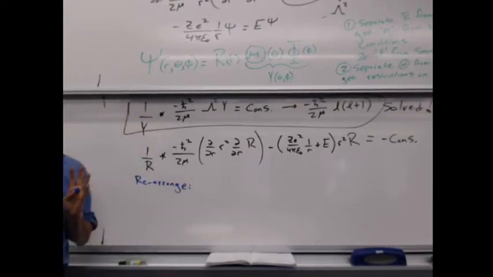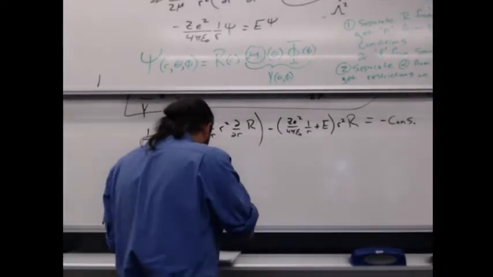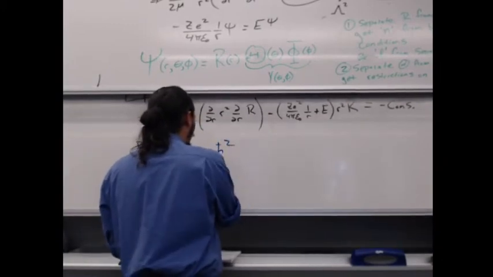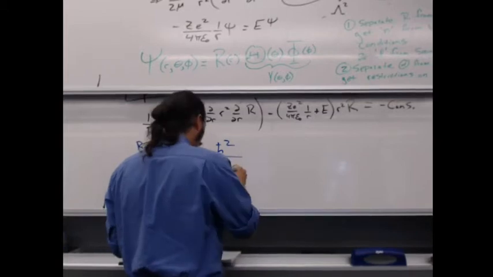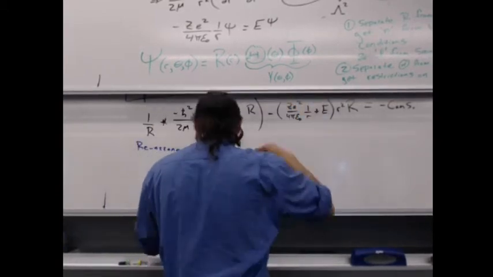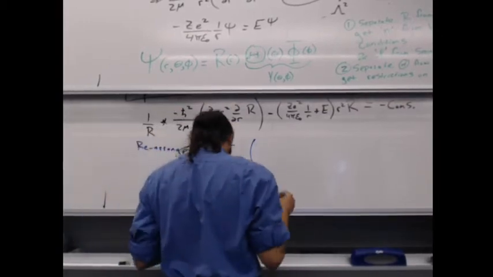When I do the rearrangement, we may or may not see things that are somewhat familiar. It's kind of a mess, as all of this is. Negative h bar squared over 2 mu. I'm going to bring that r squared back across. I'm going to FOIL this part in here.